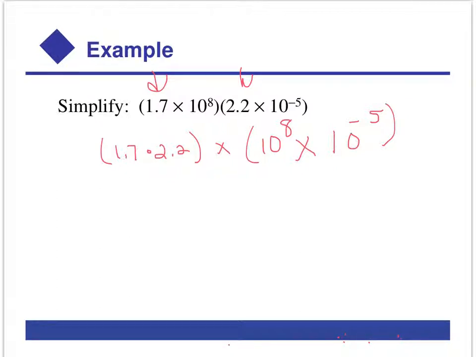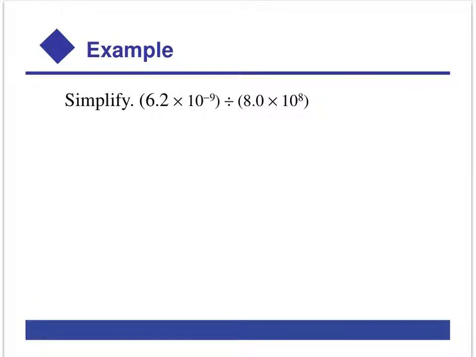So when you have 1.7 times 2.2, that gives you 3.74. And remember, if they have like bases, you just add the exponents. So 8 plus a negative 5 is going to be 10 to the 3rd power. And because this is only one place, that's still your final answer.